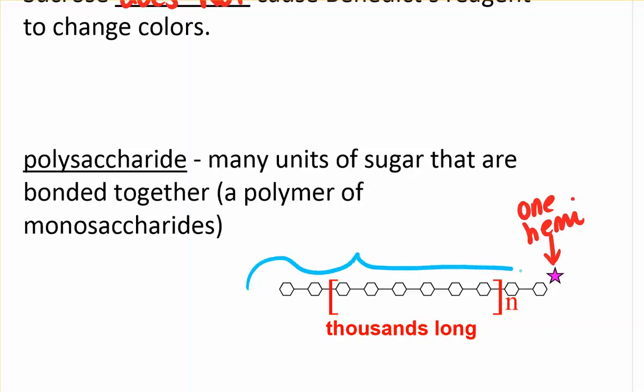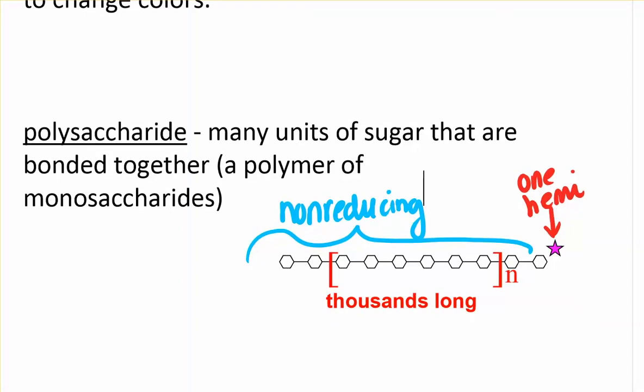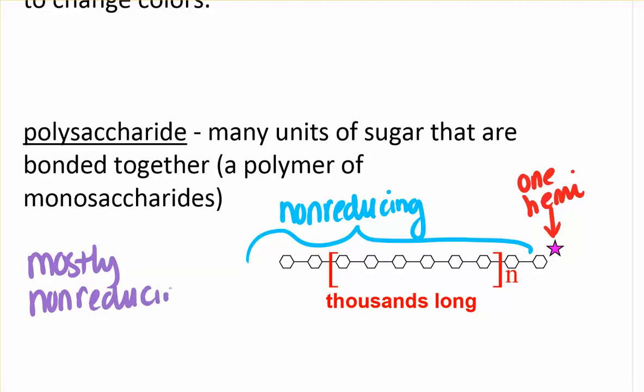Most of it, and this is thousands long, is non-reducing. Most of the sugar units do not react. So because there is a hemiacetal only on the end, and it is mostly non-reducing, it will be negative with Benedict's.